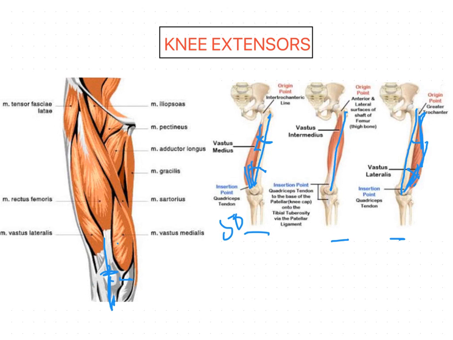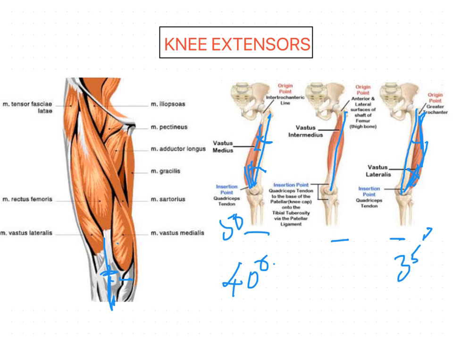Other investigators like Powers and colleagues, using more current technology, reported that the resultant pull of the vastus lateralis was 35 degrees laterally, whereas the resultant pull of the vastus medialis is 40 degrees medially.